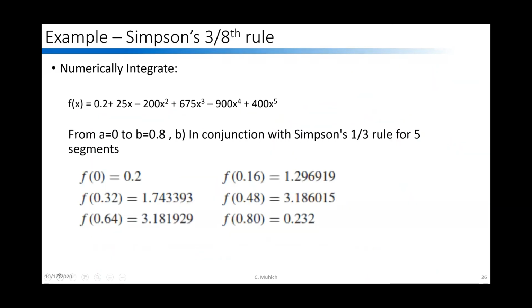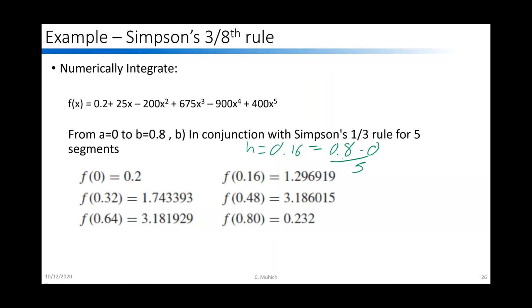Let's do this again using Simpson's 1/3 rule and Simpson's 3/8 rule for 5 segment pieces. Here I've broken this up into 5 pieces where our h value is equal to 1.6. This is coming, of course, from 0.8 minus 0 over 5.